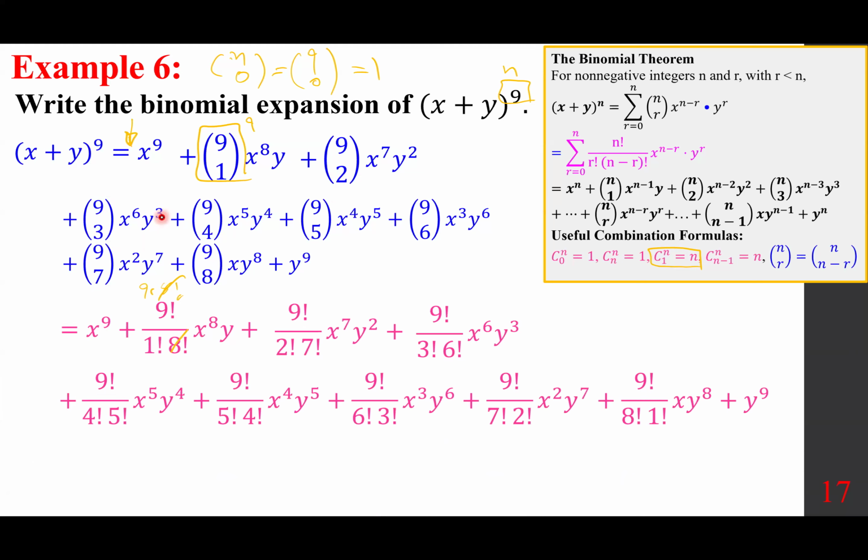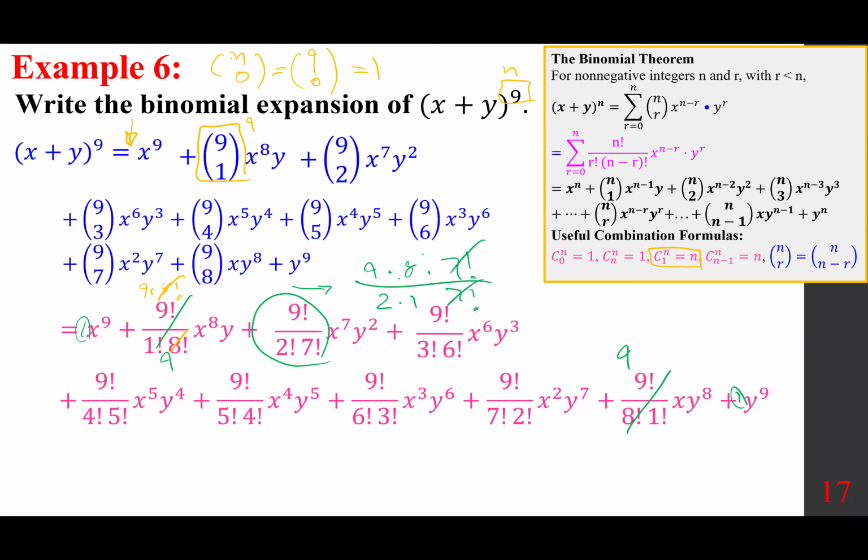Now, I'm going to show you a couple of things. Of course, the x to the power of 9 term has coefficient 1 here, so this must have 1 here. This has 9 here, and this has 9 here. So you work this out just for the sake of argument. 9 times 8 times 7 factorial, because the bottom has 7 factorial, and then 2 factorial is simply 2 times 1.